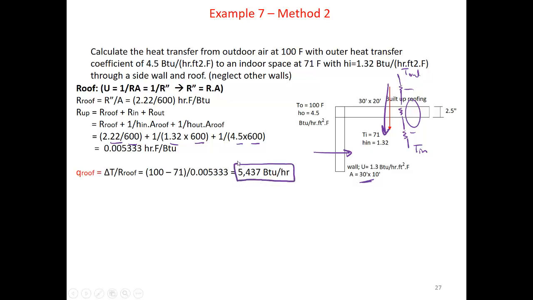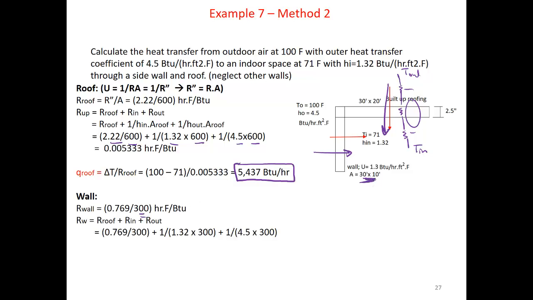Sometimes we need that to know exactly what's going through the roof and what's going through the wall, so we need to do this method. We'll do the same for the wall. We already found the R value, 0.769. We'll divide this time by 300 because the area is different, and that applies also for R in and R out. We're going to use 300 and 300 for 1 over hA.